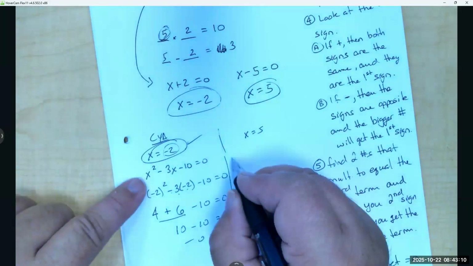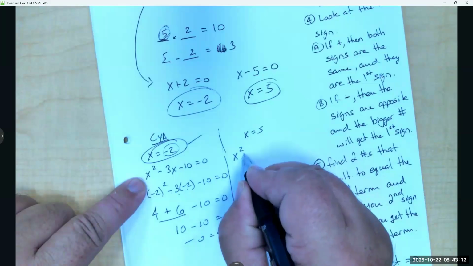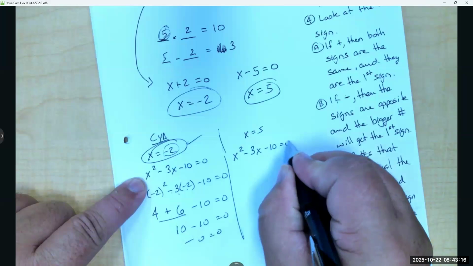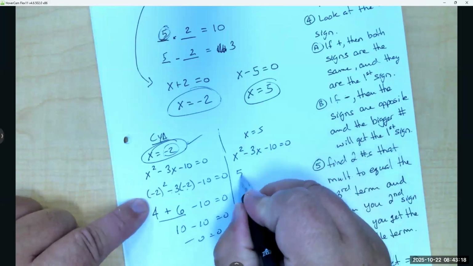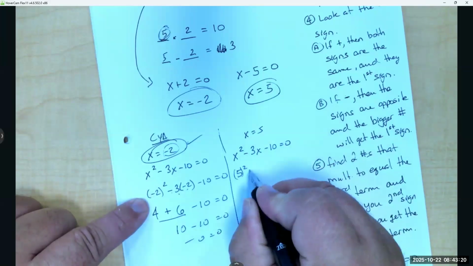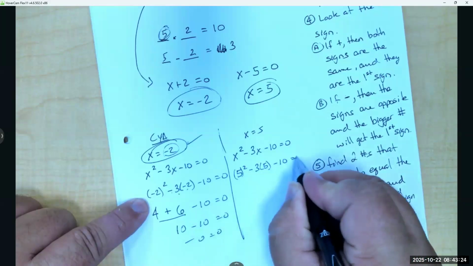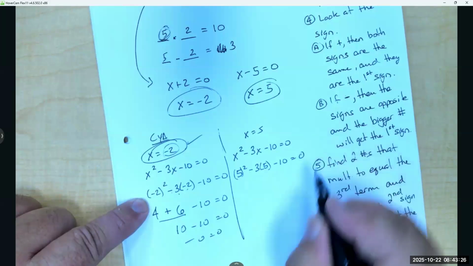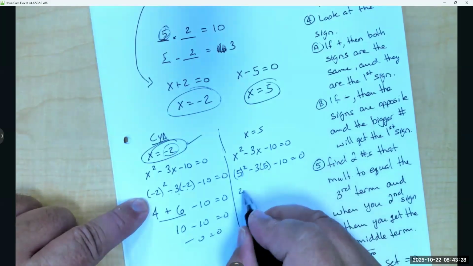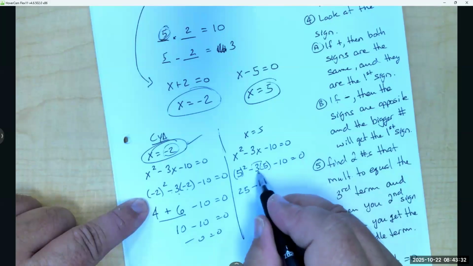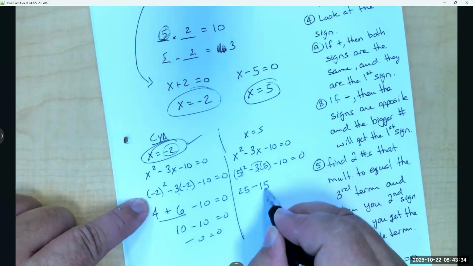And do the same thing again. Plug that next equation, the x equals 5, into the original equation. 5 squared minus 3 times 5 minus 10. 5 squared is 25. Negative times positive is negative. 3 times 5 is 15.